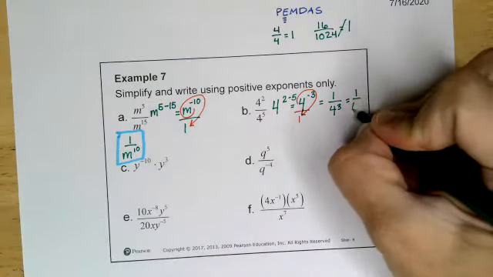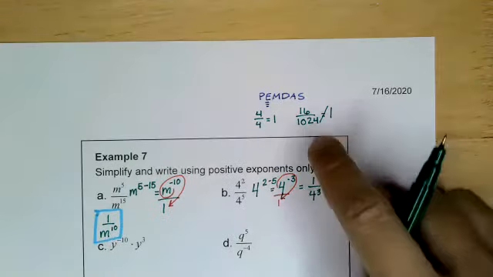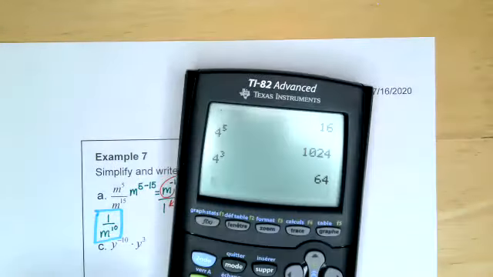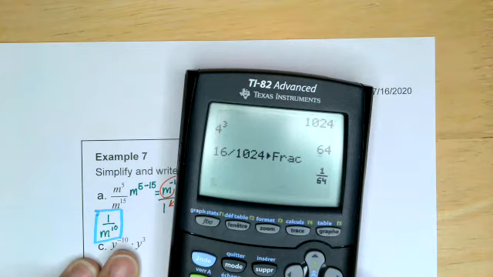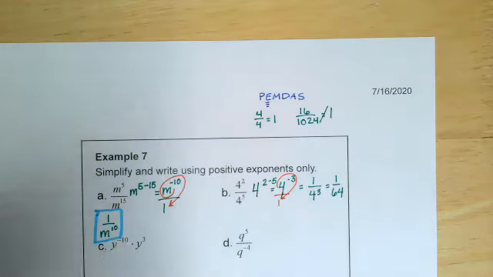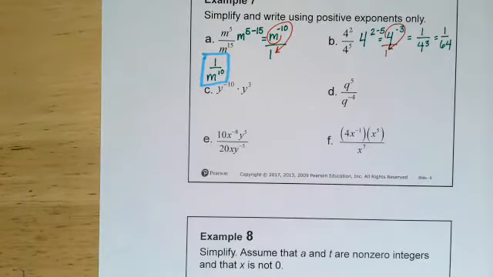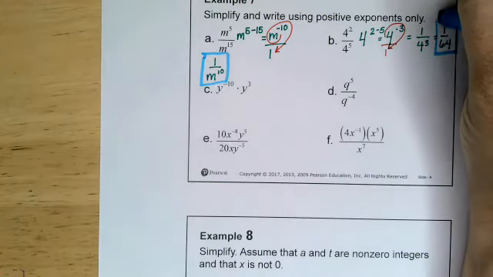So it's 1 over 64 is my final answer. And I want to show you that 16 divided by 1024, if we turn that into a simplified fraction, it would be the same as the work we got. Okay. So that's our answer for B, 1 over 64.